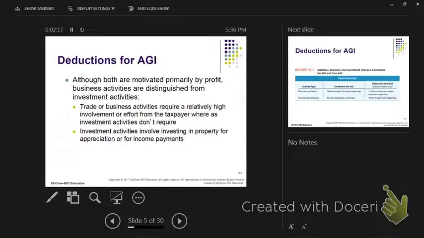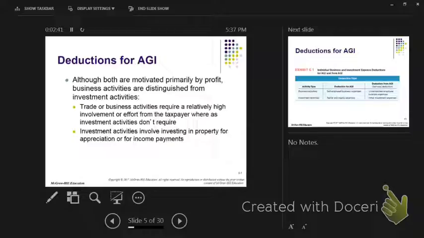All right. Now, business activities need to be distinguished differently from investment activities. All right. There is a difference between the two. Trade or business activities involve basically that you're highly involved. One of the things you're going to see when you're doing taxes is, were you materially involved?